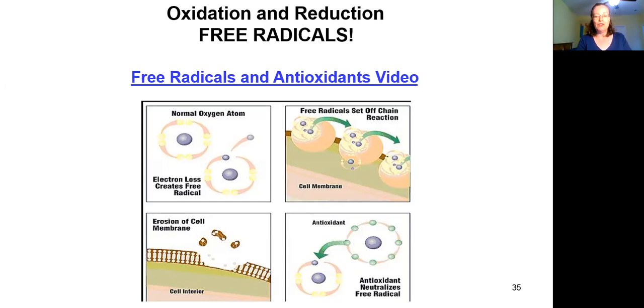Yay. That's one of my favorite questions to ask about, how an antioxidant works. The idea is they have atoms with extra electrons that can be given to the free radicals. They don't become free radicals themselves.